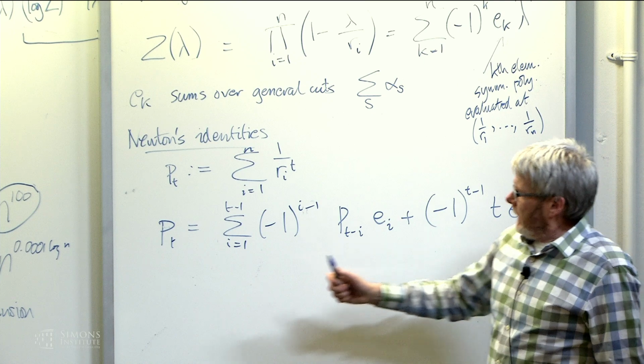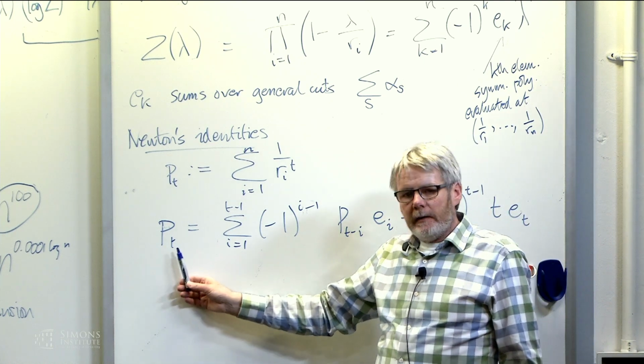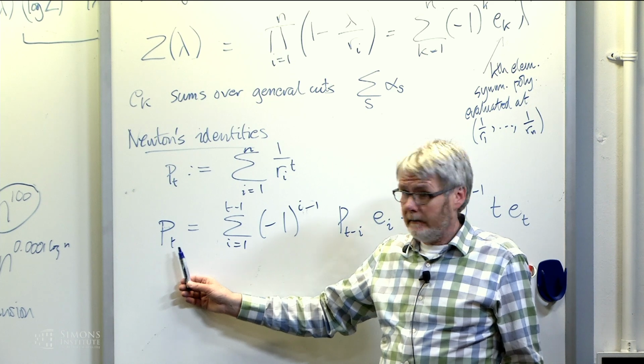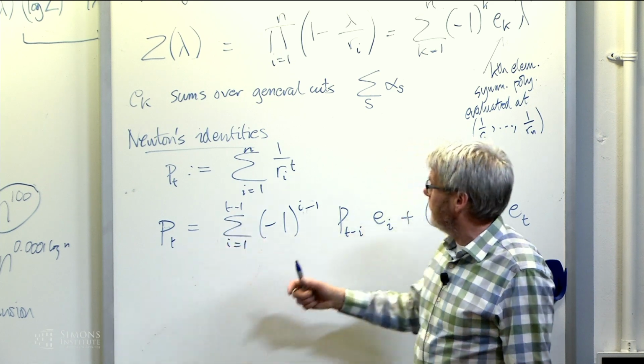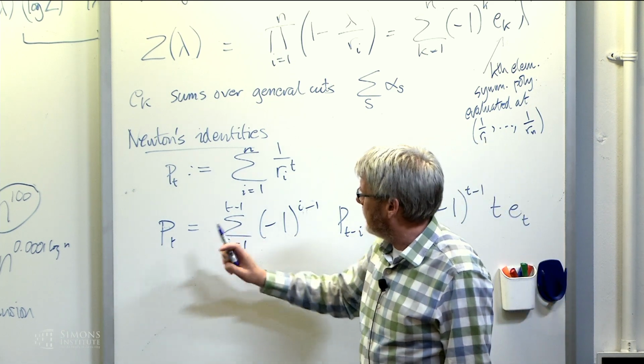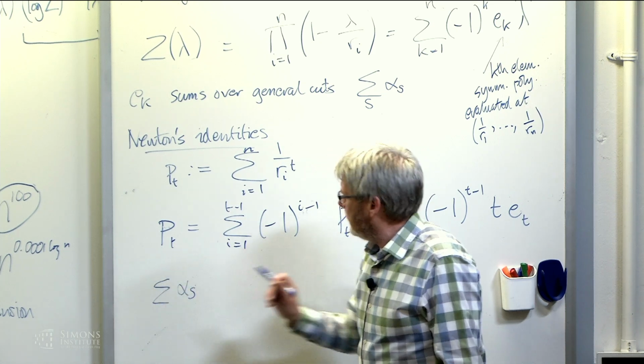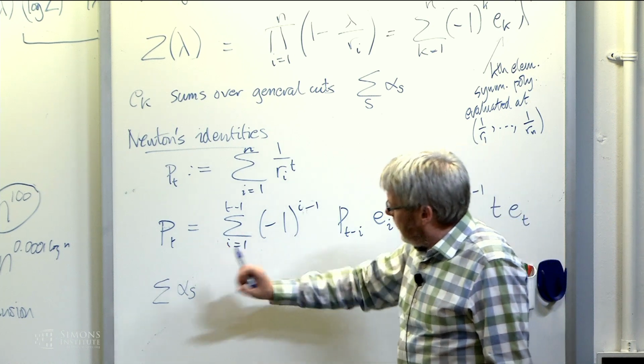Since it's only over connected subgraphs, we only have a polynomial size support that we have to evaluate. For each connected S, you have to find the coefficient alpha S, and there are only polynomially many of them.